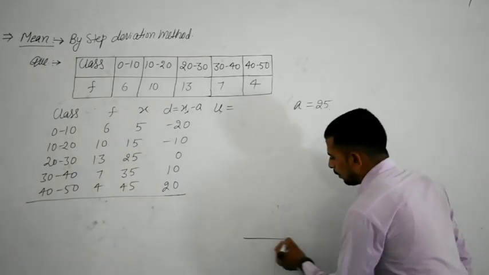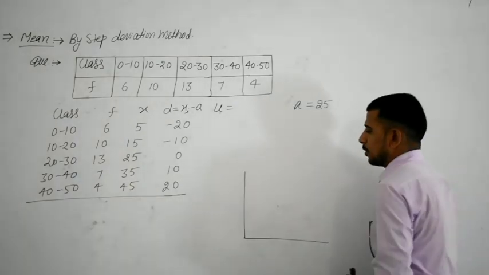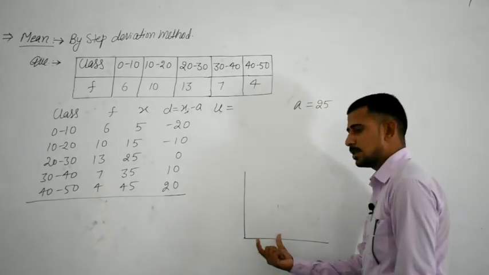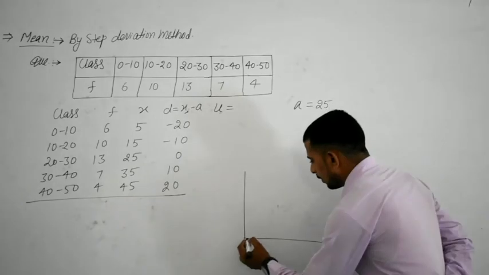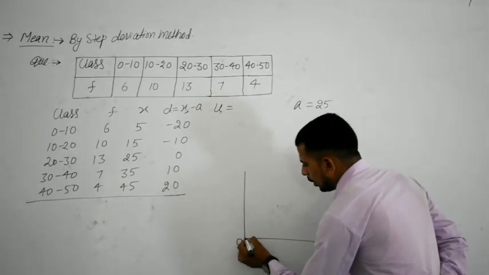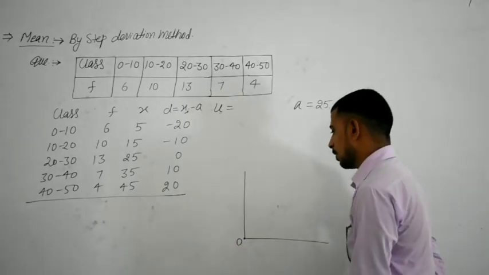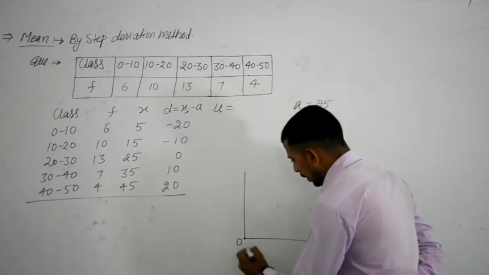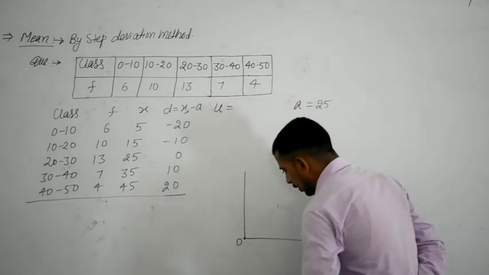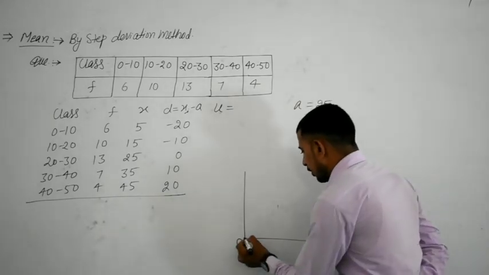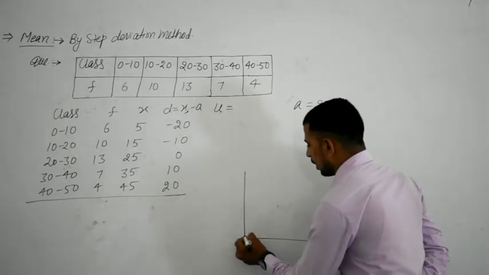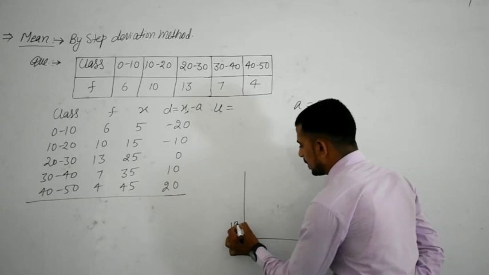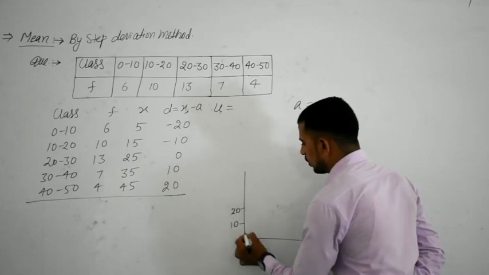In previous classes you also studied about bar graph, pictograph. In a bar graph, if we denote 0 at the intersection point of x-axis and y-axis, let the first point be 10, the second point 20.